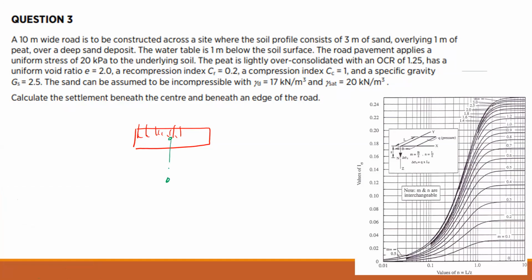For example, to find it at the middle point, you divide this into 4 equal rectangles, consider one at a time, find the stress increase, and then multiply by 4 to find the total stress increase. Can you remember how to find the total stress increase when you have a distributed load? We use this. You remember that?